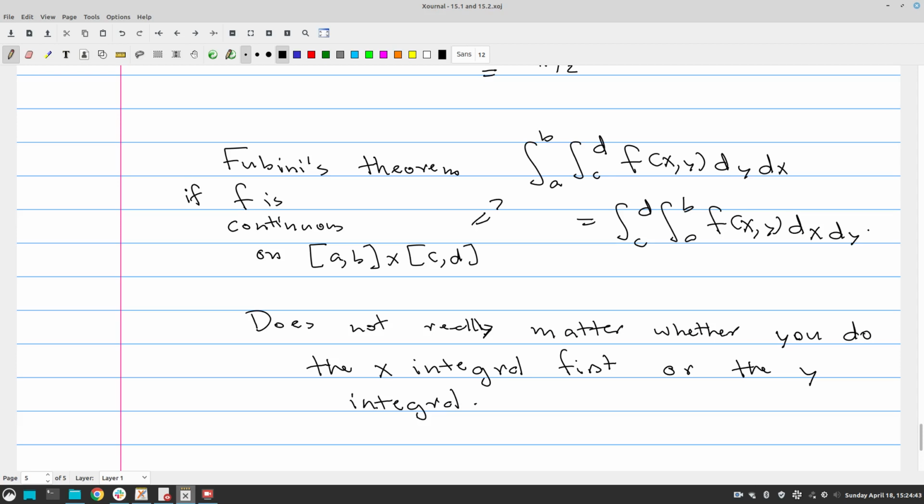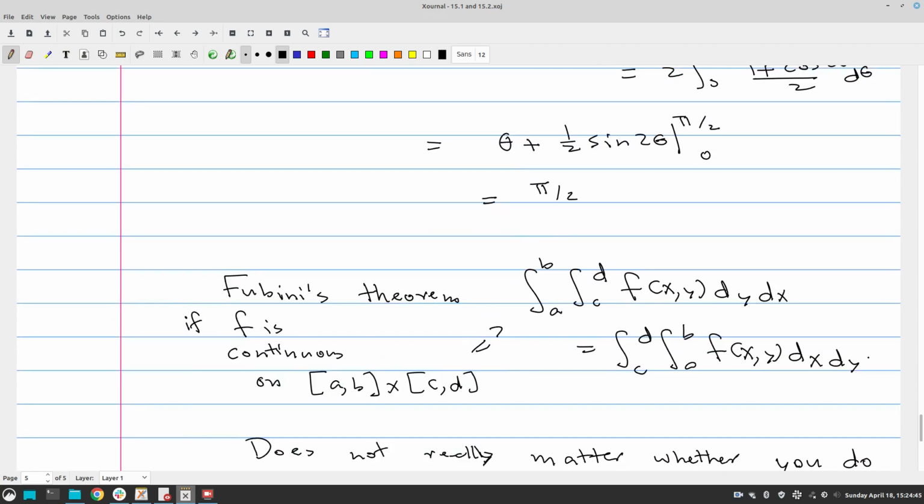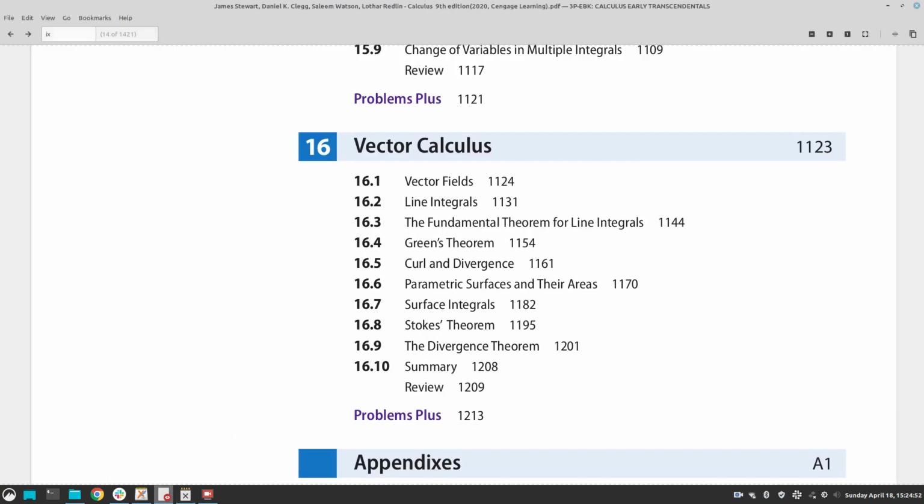The result is the same. Now, we're not going to go into the proof of Fubini's theorem, but we're going to look at a justification. Why do we think that Fubini's theorem is justified?